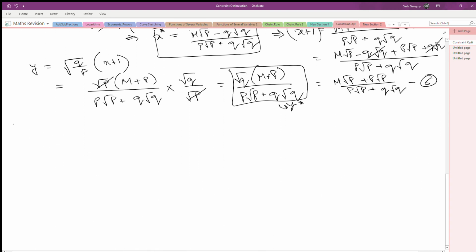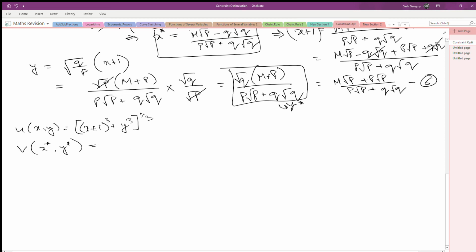I have u of x comma y was x plus 1 whole cube plus y cube, and the entire thing had to the power 1 by 3, right? V is basically substituting x by x star and y by y star in the utility function. That would be my V.